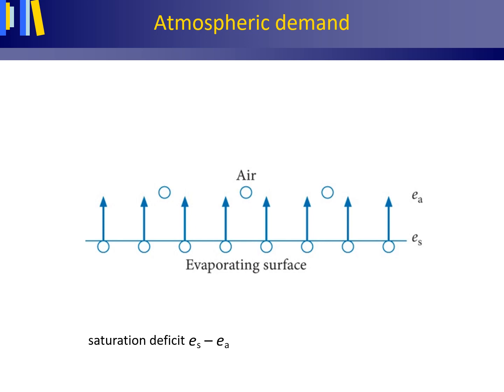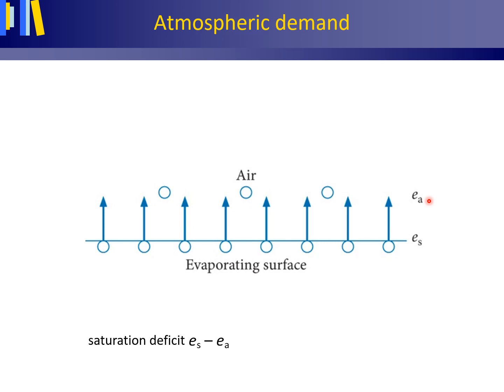Besides the net radiation Rn as a source of energy, the atmospheric demand for water vapor also plays an important role in evaporation. This is shown by Es minus Ea in the Penman-Monteith equation. Es is the saturation vapor pressure at the evaporating surface in kilopascal, and Ea is the actual vapor pressure of the air above the evaporating surface in kilopascal.